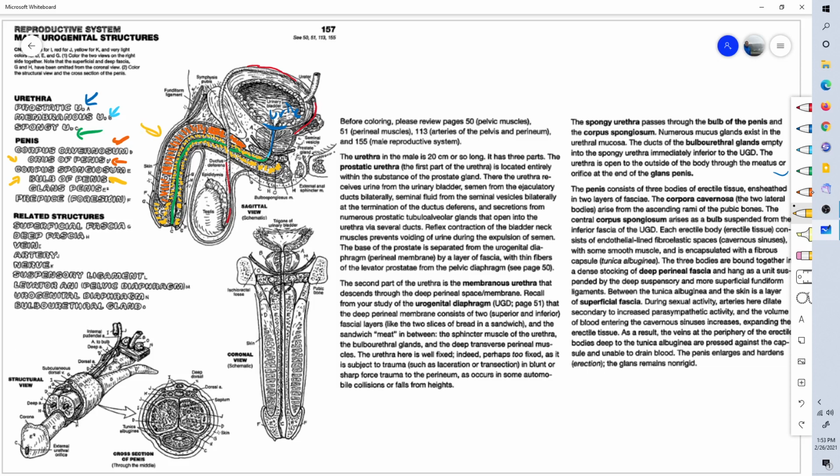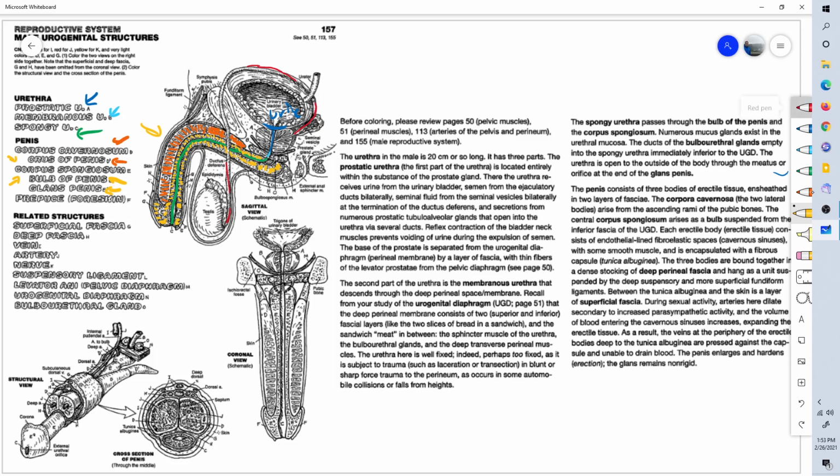The cavernosum is sort of superior on top, and the spongiosum is on bottom, and the spongiosum is the part that the urethra runs through. So the urethra does not run through the corpus cavernosum. It runs through the corpus spongiosum, through the glans penis and the bulb.